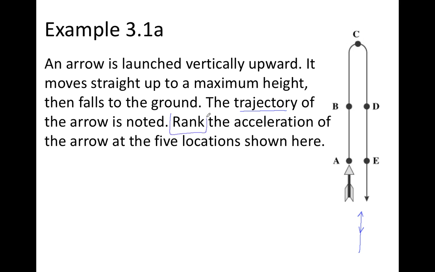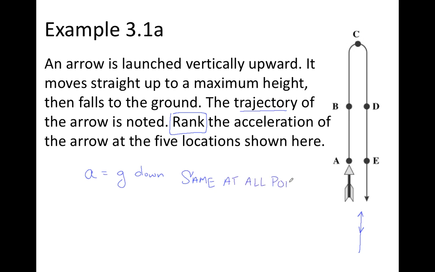So if a problem asks you to rank something, it means to order it. So the acceleration of the arrow, when the arrow is in the air, it's in free fall. And what's the acceleration? Well, it's equal to g. So the acceleration is g, and it has a direction down, and it's the same at all 5 points.